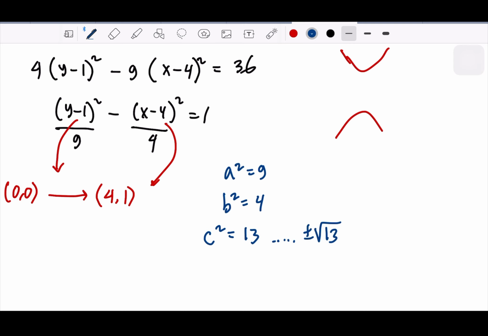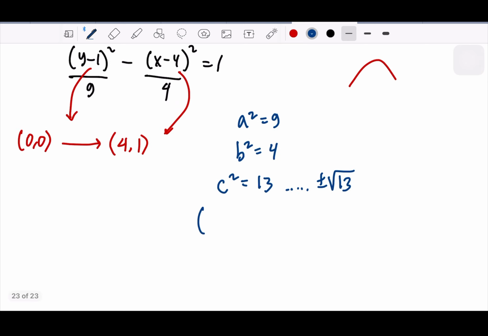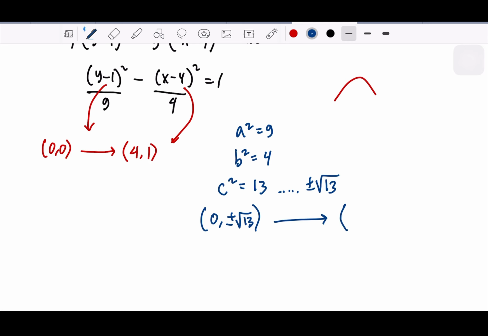But since we are shifted, this is the original one, and then it's shifted 4 units in x, so plus 4, and then 1 unit. So 1 plus square root of 13, or let me just write it as two points. Okay.